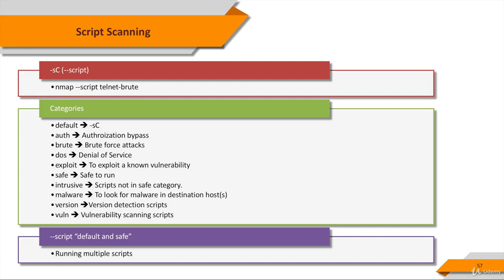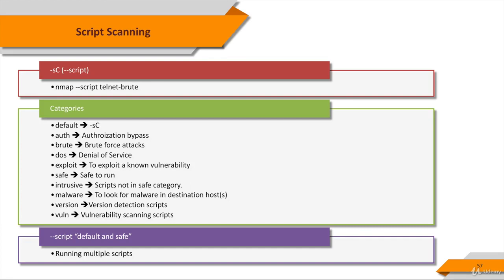Let me show you. Nmap scripting engine, NSE scripts, define a list of categories that they belong to. So currently defined categories are auth, broadcast, brute, default, discovery, dos, exploit, external, fuzzer, intrusive, malware, safe, version, and vuln.